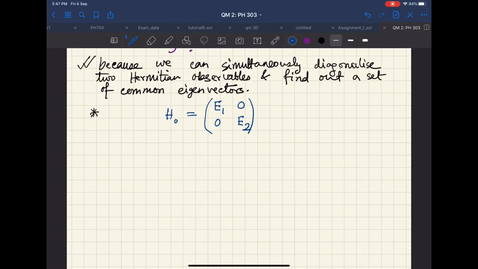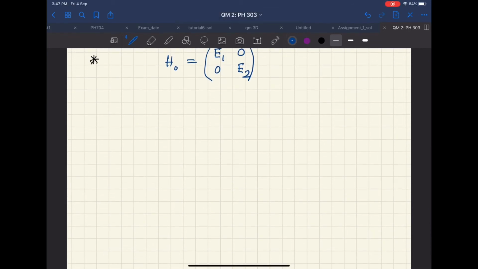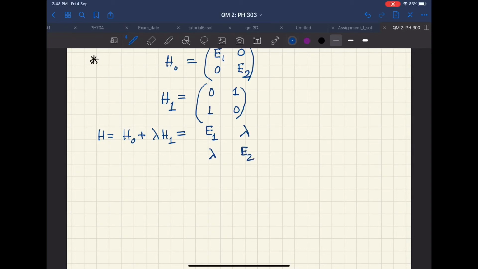So suppose I give you a perturbing Hamiltonian which is not diagonal and which does not commute with H0. So H, which is H0 plus lambda H1, is nothing but this matrix: E1, then if I multiply, this term will be simply lambda, this will be lambda, and this will be E2.